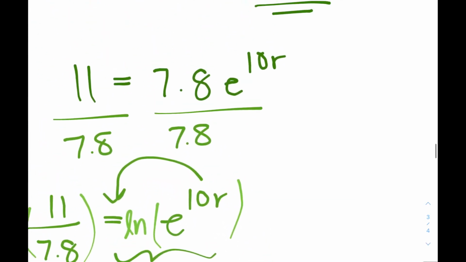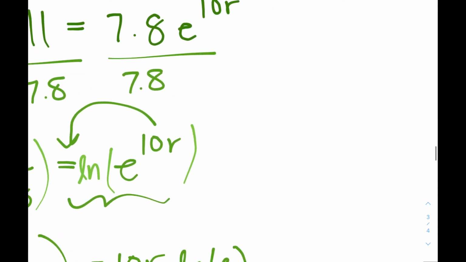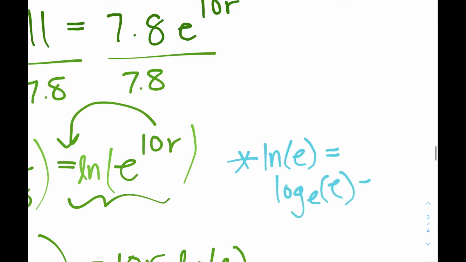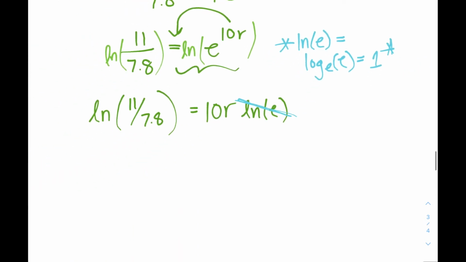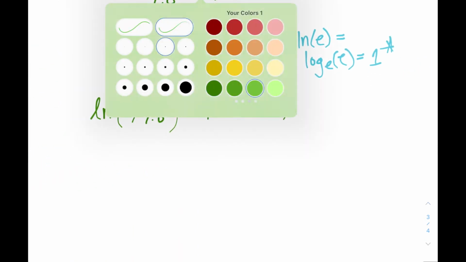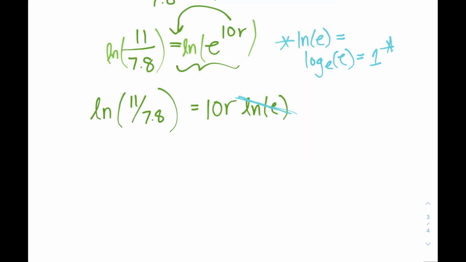because if you did not know, the natural log of e is really log base e of e, which is 1. So natural log of e goes away because multiplying by 1 doesn't do anything. It doesn't change anything. So we can just get rid of it. So now we've got natural log of 11 over 7.8 equals 10r.